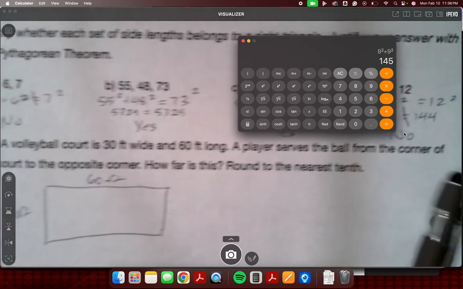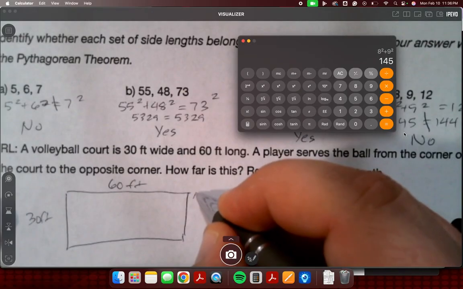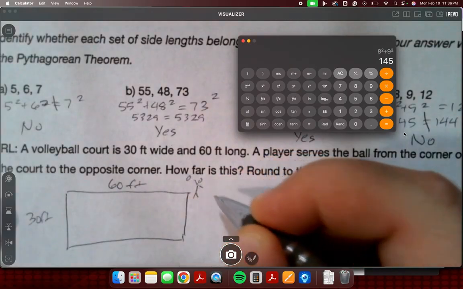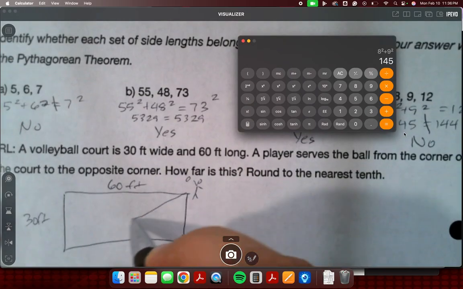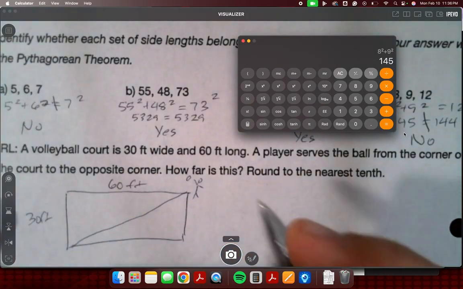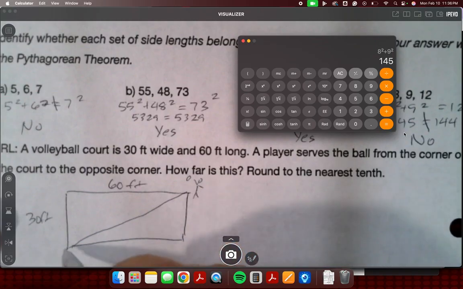So a player serves the ball from the corner of the court to the opposite corner of the court. How far is this? So if you're at this back right corner, and from your point of view, you're serving it to the back left corner.